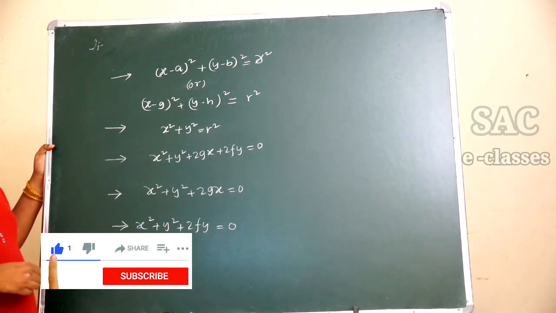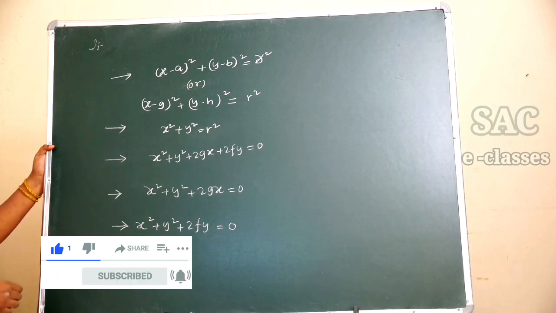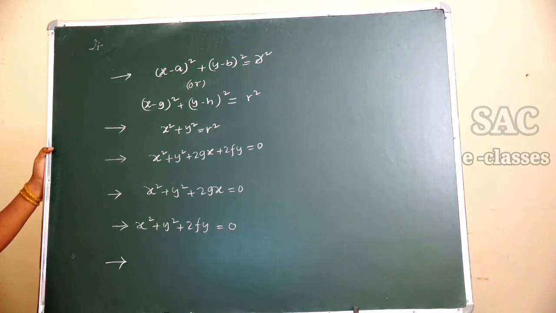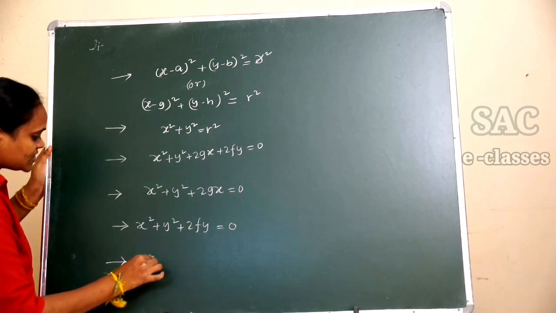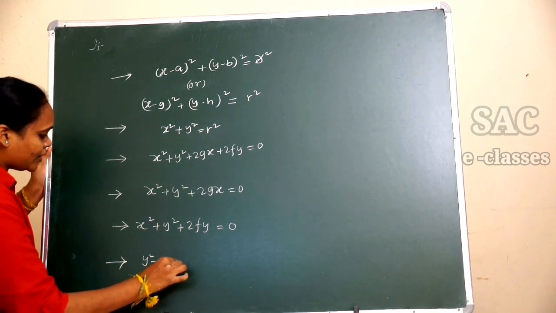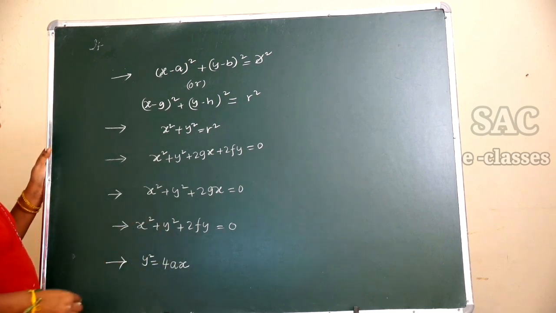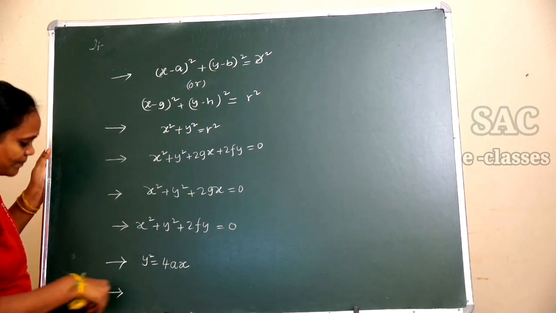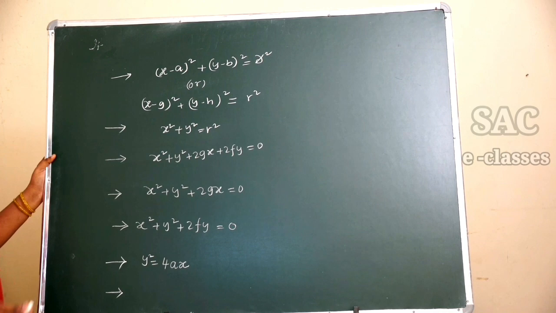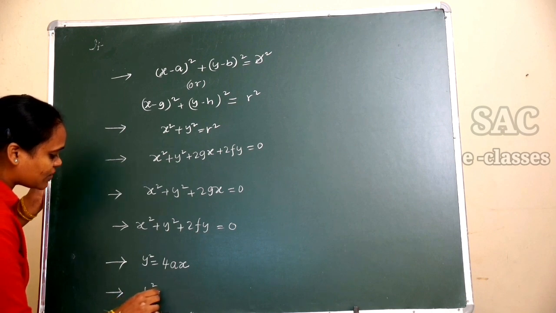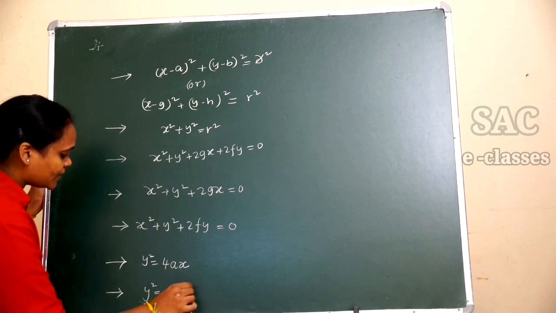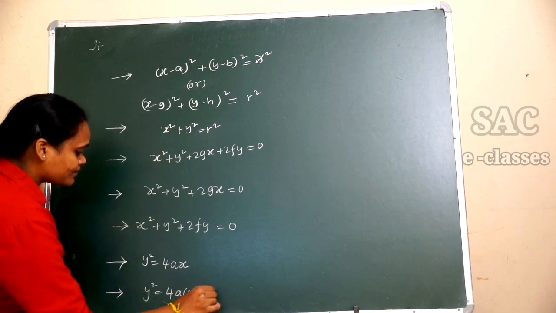And the family of parabolas where the axis is the x-axis, the usual form is y square is equal to 4ax. Whenever the family of parabolas has focus at the origin and the axis is the x-axis, it means y square is equal to 4a into x plus a.